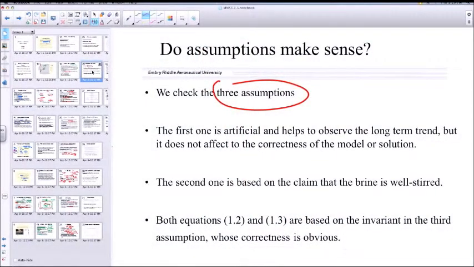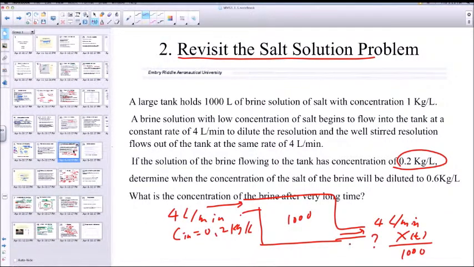Next, we need to go to the 3 assumptions. So what are the 3 assumptions? We say it is observed for long-term trend. That means t goes from 0 to infinity. That's pretty much artificial, just to try to make it a mathematics model. Second, we make the assumption that the concentration flowing out equals the total salt divided by the total volume.